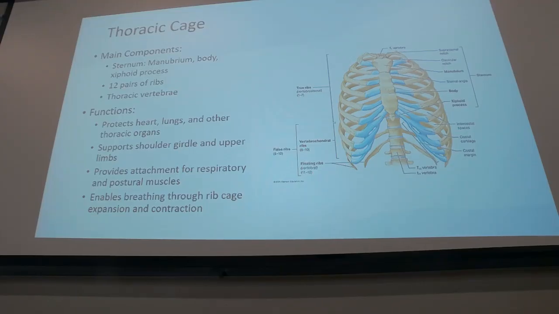Why are they called vertebrochondral? Because they run between the vertebrae and the point of attachment, which will be the 7th costal cartilage. They piggyback the costal cartilage of rib number 7. And then the last 2 pairs, 11 and 12, are called floating because they don't connect at all to the sternum.